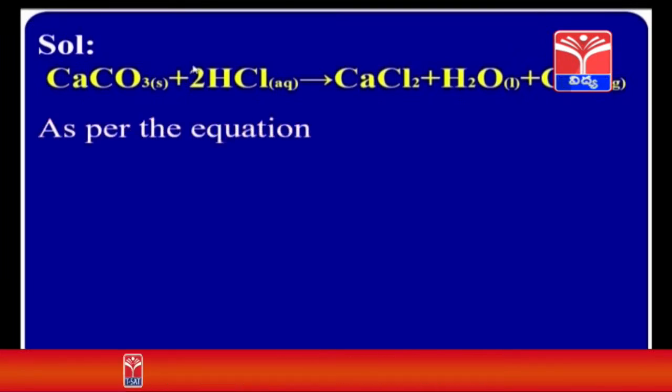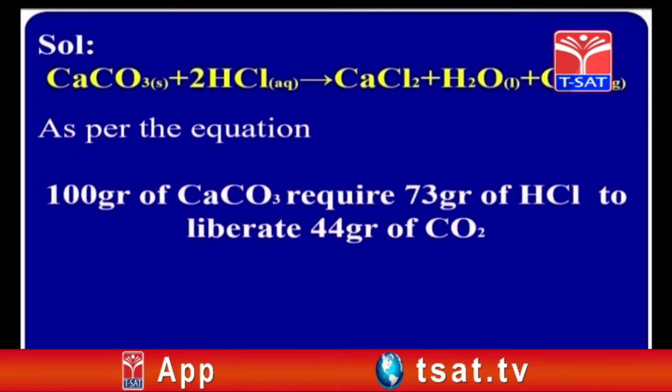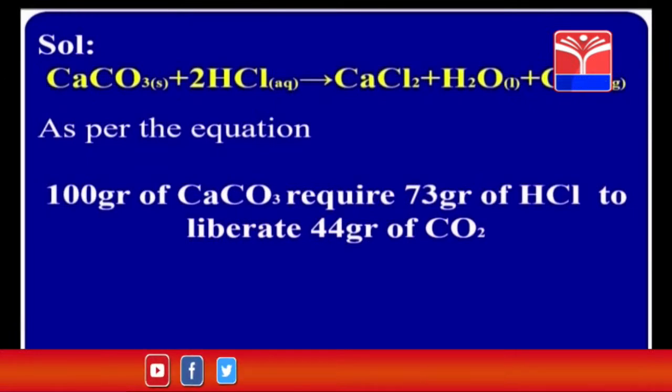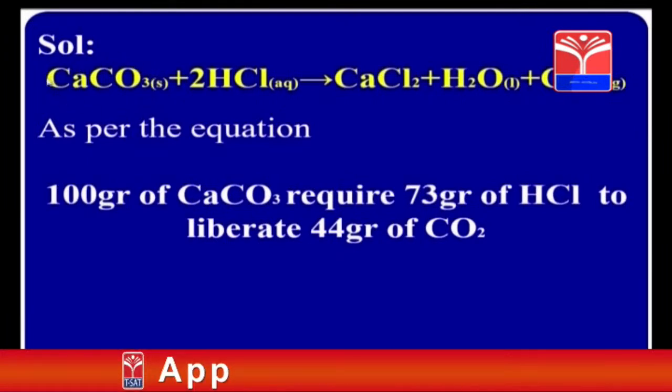As per this equation, 100 grams of calcium carbonate requires 73 grams of HCl to liberate 44 grams of carbon dioxide. Children, here why are we writing 100 grams of calcium carbonate? Because the molecular mass of calcium carbonate is 100 grams. Here 1 mole of calcium carbonate is involved. That is why we are taking 100 grams of calcium carbonate. And there are 2 moles of hydrochloric acid.